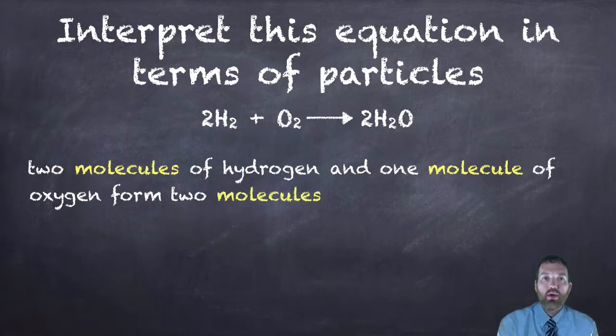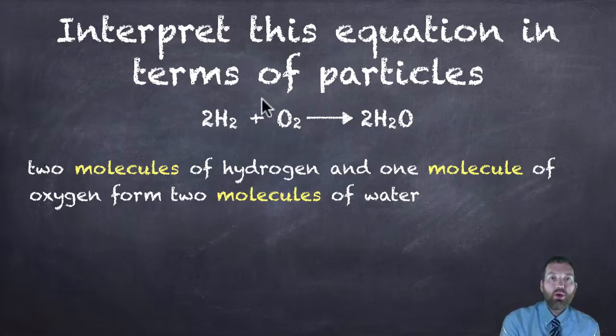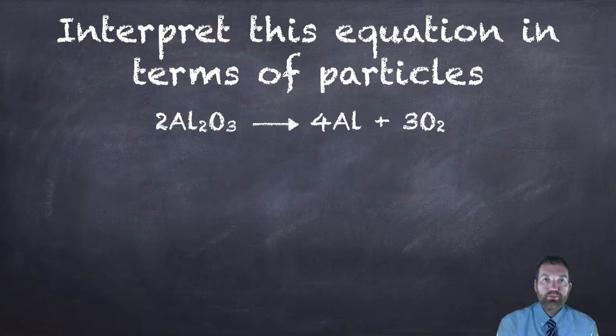So again, another molecule, two molecules of water. So this is the equation in front of you interpreted in terms of particles. So we're basically just reading it, but we're stating how many particles we have here. I have two molecules of hydrogen and one molecule of oxygen, and they're reacting together to form our products, which is two molecules of water.